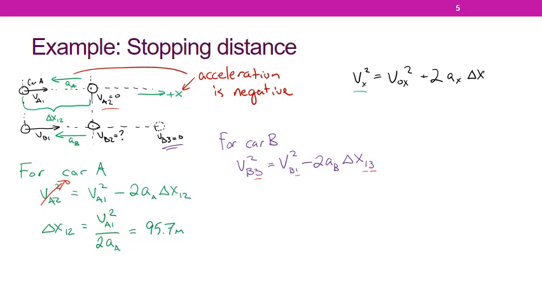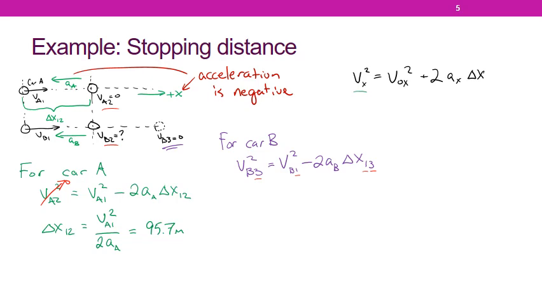Now I could have solved for my velocity at B2 directly. That would have answered the first question. But I'm going to go ahead and answer the second question first, and then we'll come back and answer the first question. Now, at this point, I have an equation that describes the motion of car B using my variables.